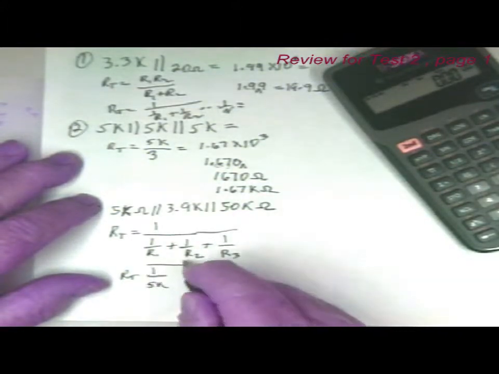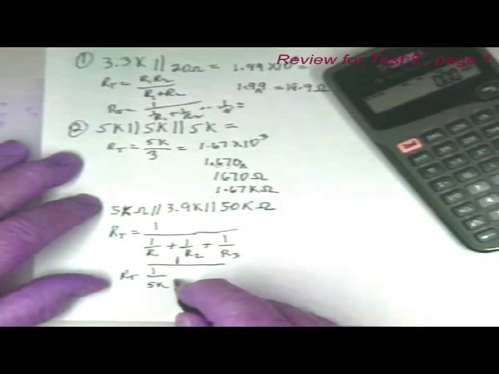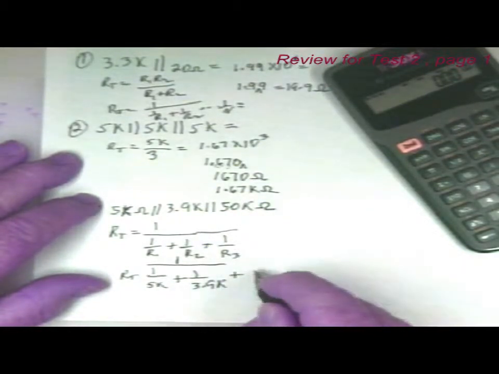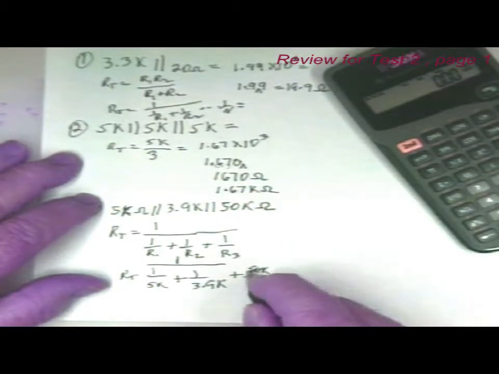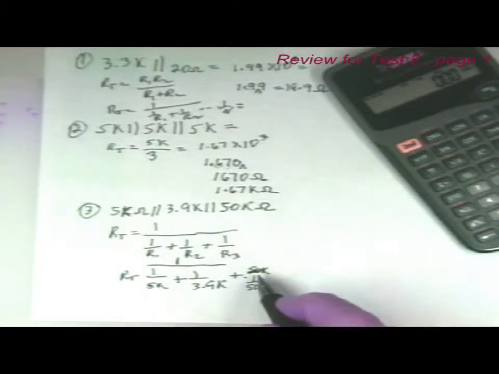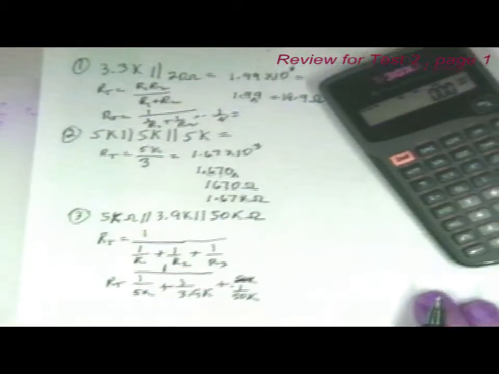This is all over 1, by the way. 1 over 5K plus 1 over 3.9K plus 1 over 50K. Now I know that I've told all of you to use a pencil when you're doing these problems so you can erase. Unfortunately, you wouldn't be able to see this if I use my pencil, so I'm going to have some hand scratches here. So let's go ahead and work that problem now.